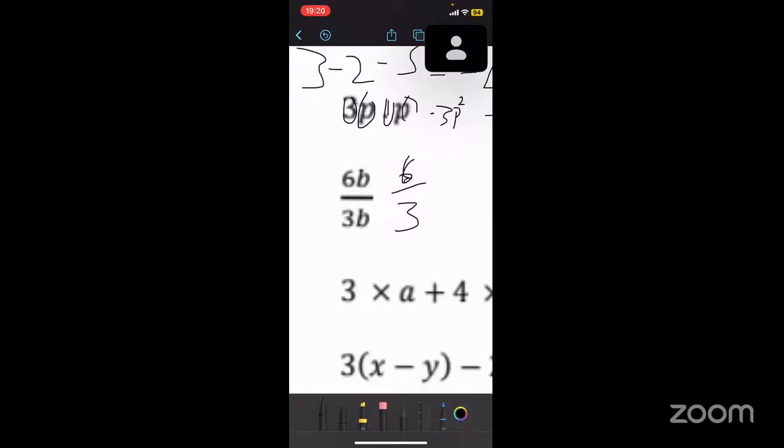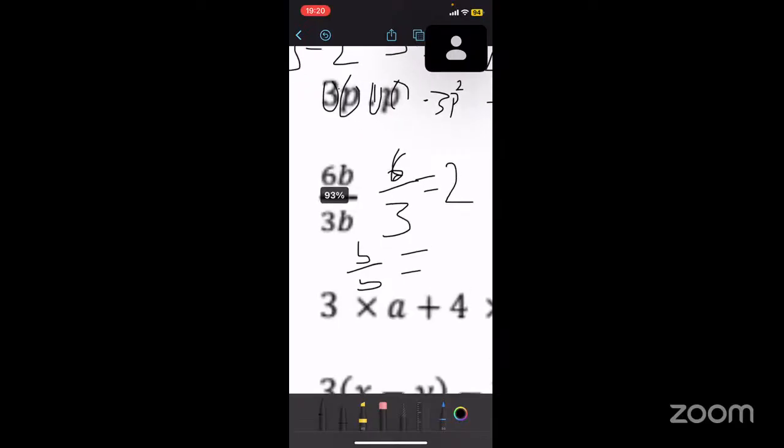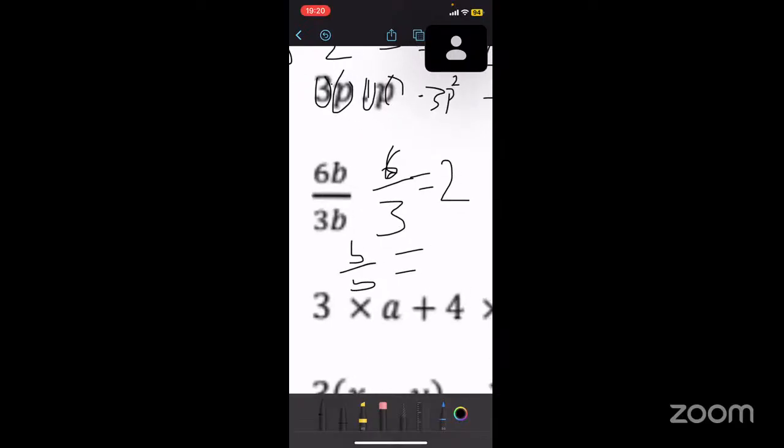So we're going to have what? We're going to have 6 divided by 3 being 2, as you have indicated, Ole. And then for b divided by b, we're gonna have 1, okay? And the reason why we are having 1 is because when you are dividing the same base, you subtract the exponent, okay?